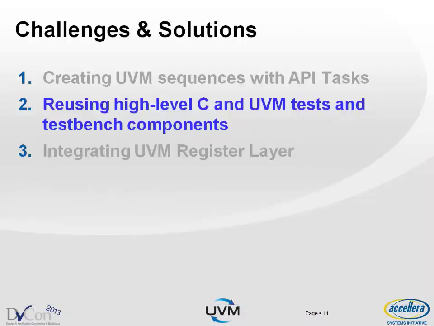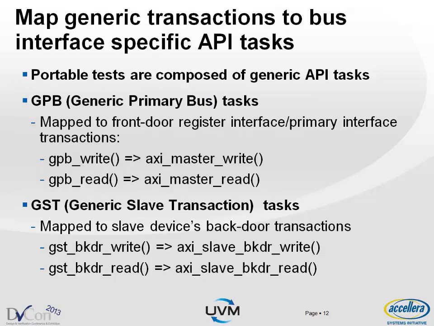Next we're going to cover how to reuse this high-level C in the UVM task and which part of the testbench can be reused. If we want to make the task portable, we should program the task with the generic API tasks. In our example here, we use GPB and GST transactions for tasks. The GPB here stands for generic primary bus.